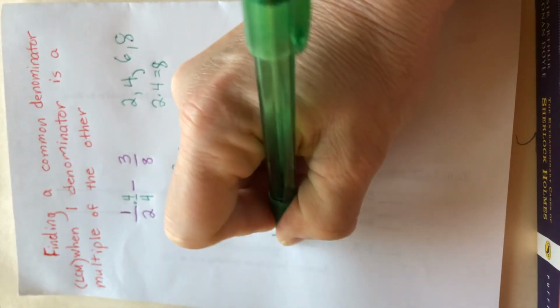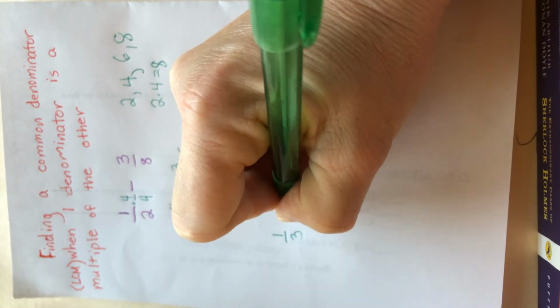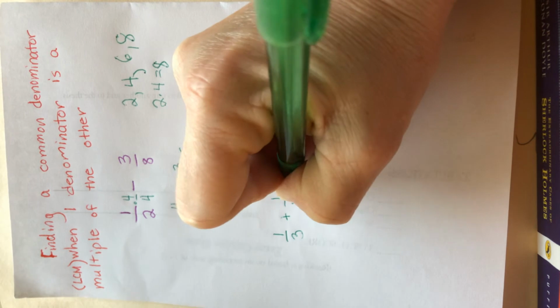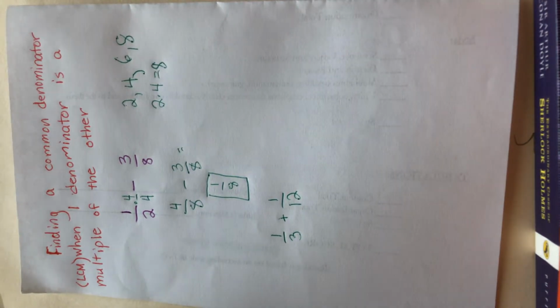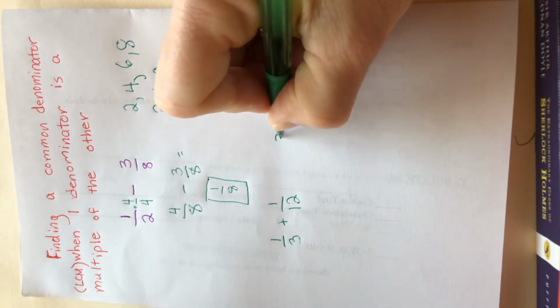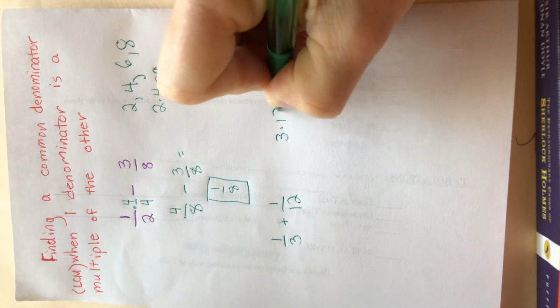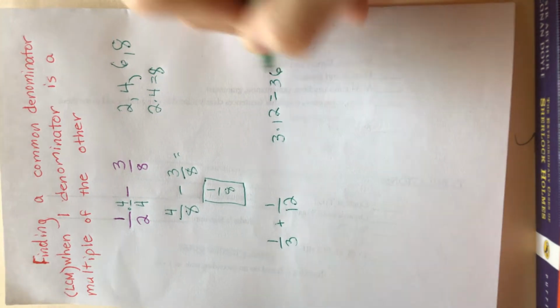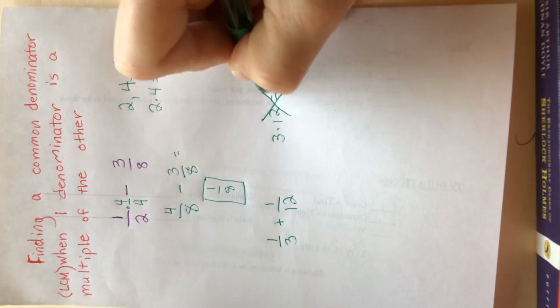How about 1/3 plus 1/12? Now I could do 3 times 12 and get 36, but that's not the easiest way to do it. So I do not want to do 3 times 12 equals 36 because those numbers are too hard.